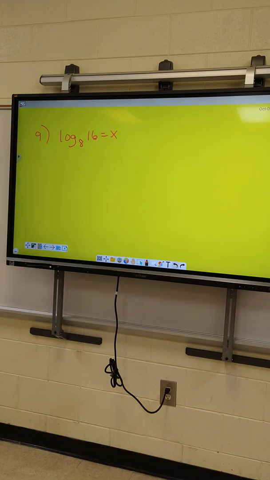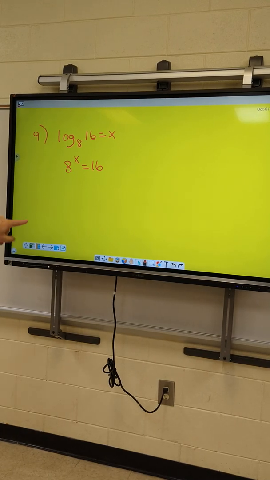All right, you guys try 9. You should be able to do 9. How can I turn these into the same base? Anybody got a suggestion? Yeah, right. Just look at the board, Alex said just make them into 2s. 8 turns into 2 to the 3rd, 16 turns into 2 to the 4th, and you should be able to do it. Awesome.